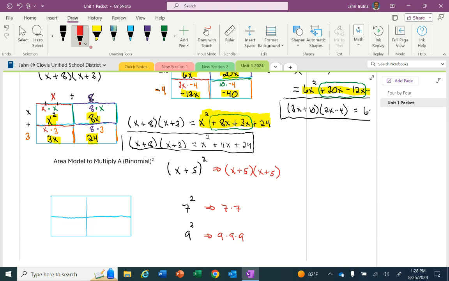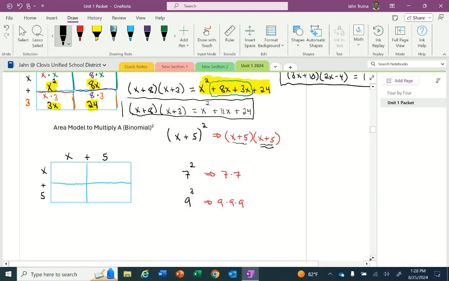Okay, so how would I do this? This is where I would use the area model. I would write an x plus 5 on the outside on the top. That's for the first parentheses. And then the second parentheses, which is also x plus 5, I would write along the outside on the side. Then I'm going to fill in each one of the 4 inside rectangles here, always using the concept of length times width.